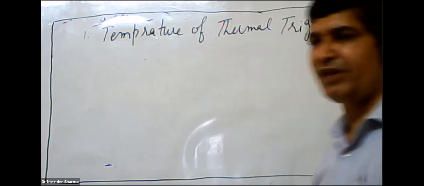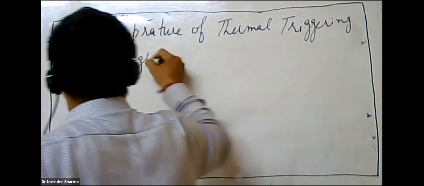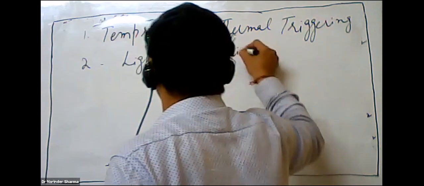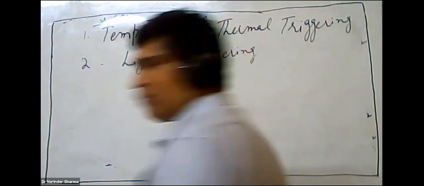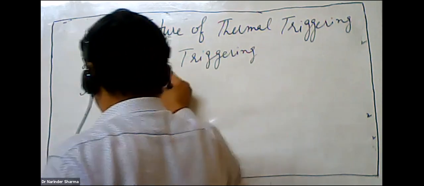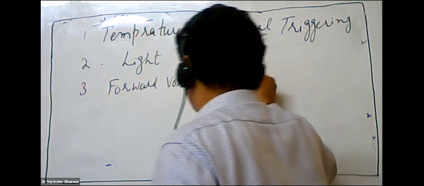Temperature or thermal triggering. Next is light triggering. We can also make it turn on by using light. Then there is forward voltage triggering.